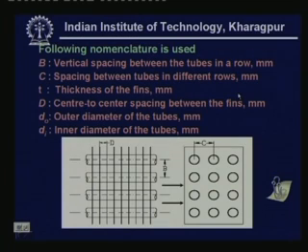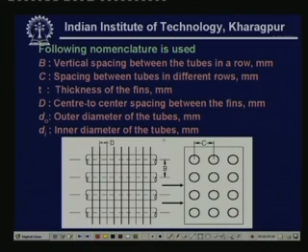And we will use the following nomenclature. B is the vertical spacing between tubes in a row. That means this is one single row. So, B is this, the center to center distance between two adjacent tubes. And C is the spacing between tubes in different rows. That means in the side view, this is the center to center distance between two adjacent rows.